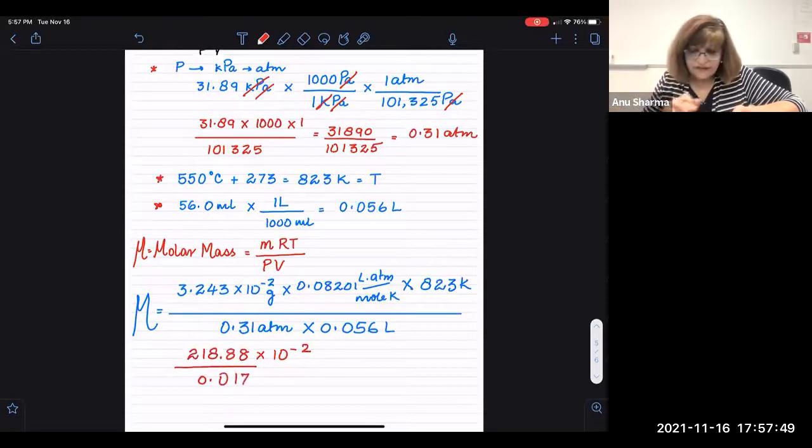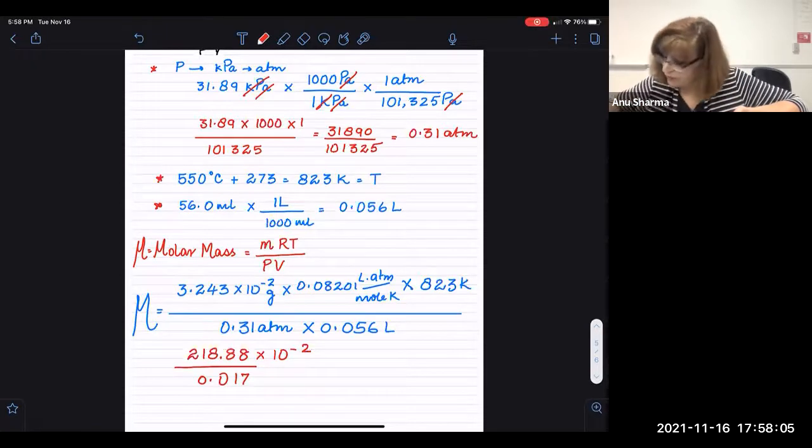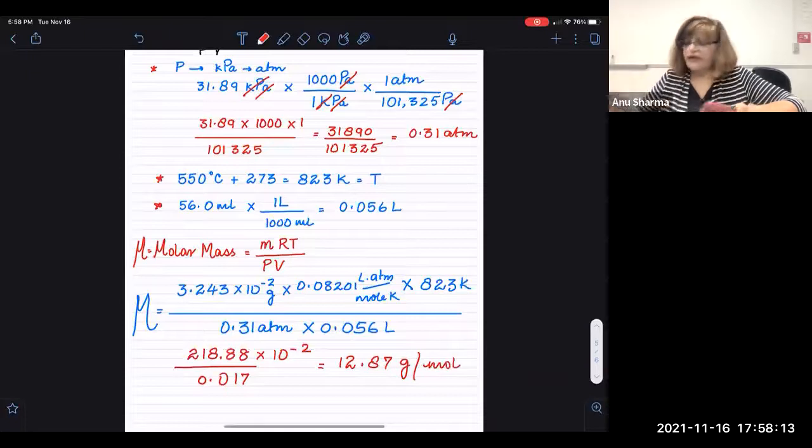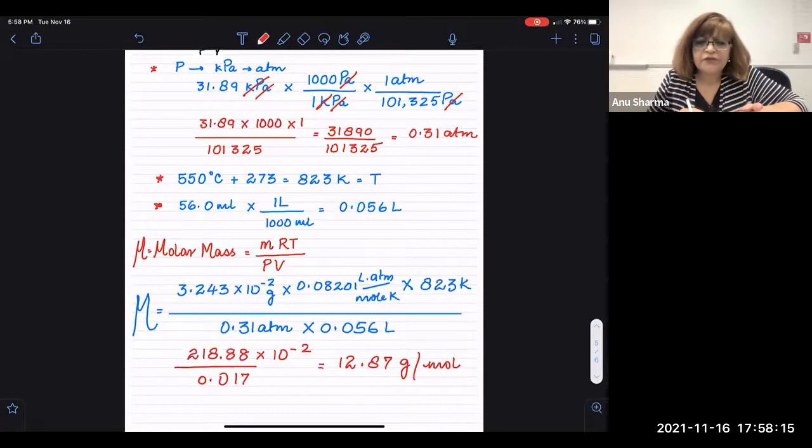Then 218.88 divided by 0.017, and the whole thing divided by 1000, and you get 12.87 grams per mole.